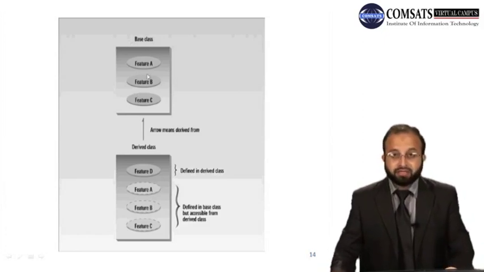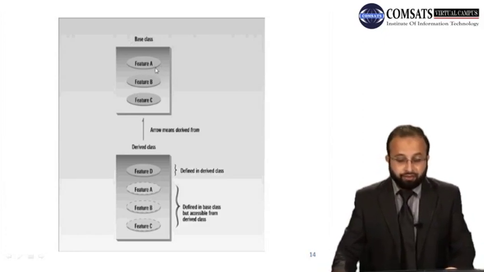So this is the base class. We can see the base class contains three features, feature A, B, C, right? So we have a derived class and if I put an empty arrow over here, this arrow means that this is derived from.